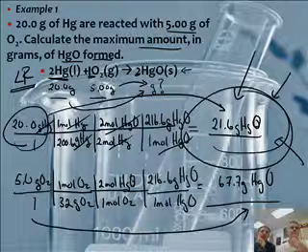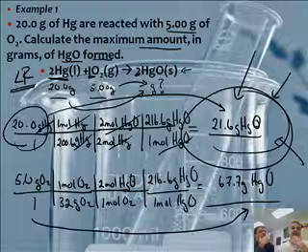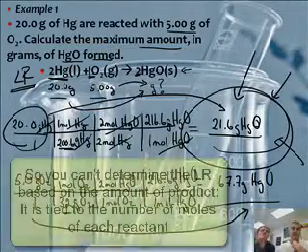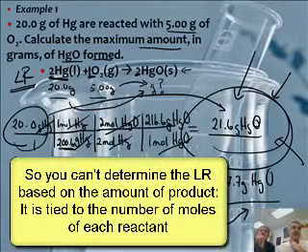Now let me ask you this, Mr. Berkman. How can I start with 20 grams of mercury and 5 grams of oxygen, but the one I have more grams of gets used up first? That doesn't make sense to me. Well, it actually comes down to the molar mass of the mercury. It weighs 200, where this weighs 32. So I actually have fewer moles of mercury than oxygen. Does the mole ratio take that into account too?